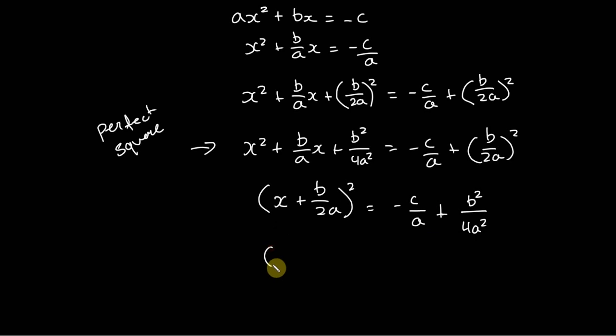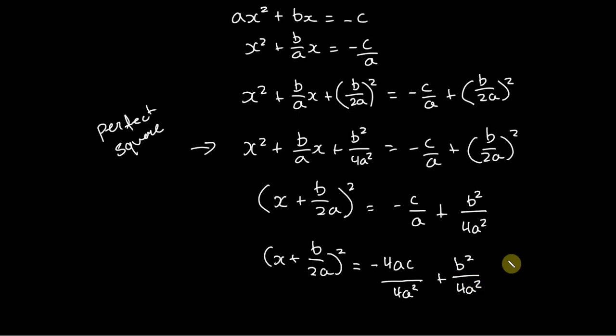And so what that's going to give us, and I'll just write this all out, we're multiplying both the c and the a here by 4a, so that's going to leave us with minus 4ac over 4a squared plus b squared over 4a squared.